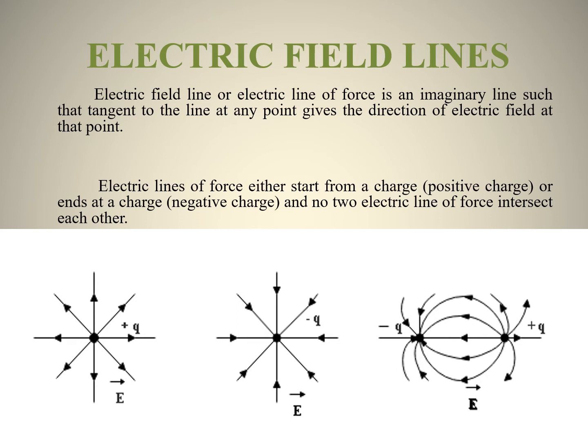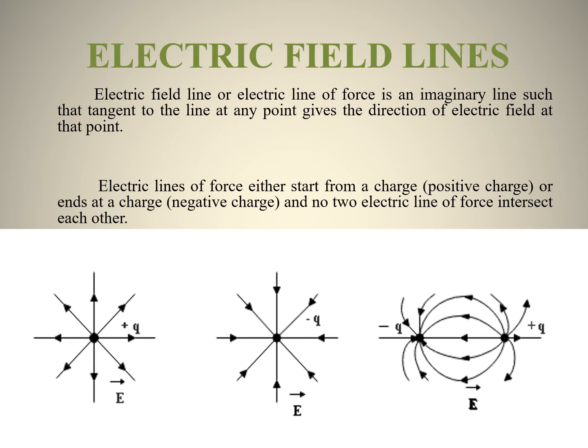And electric lines of force will either start from a positive charge or end at a negative charge. And no two electric lines of force will intersect with each other. This is a very fundamental property of electric lines of force.